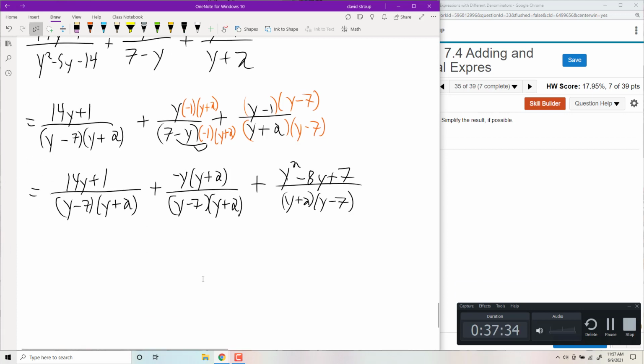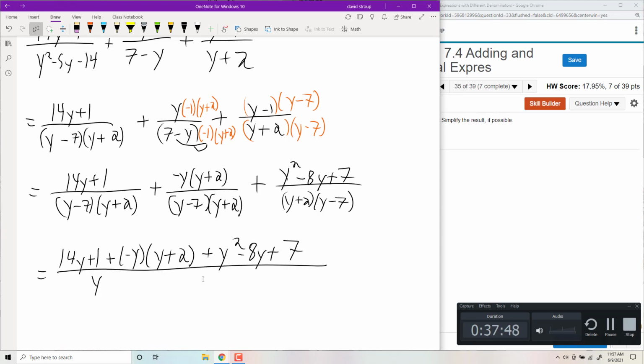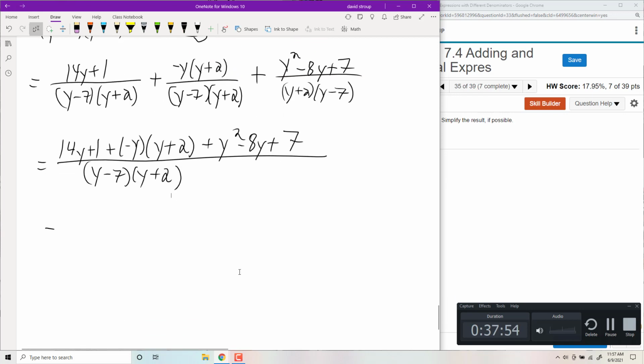Okay, now I'm going to probably put those numerators together. I'll wait to distribute this -y here on the second term, or actually that would be the third term there. Okay, I'll distribute and then start combining like terms.